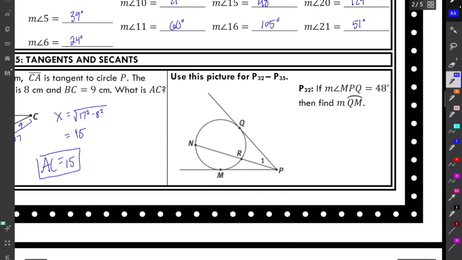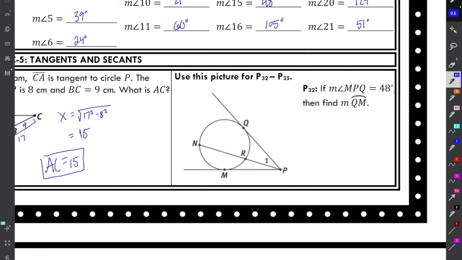Alright, next for 32 through 35 we'll use this picture right here. If the measure of angle MPQ is 48 degrees, find the measure of arc QM.